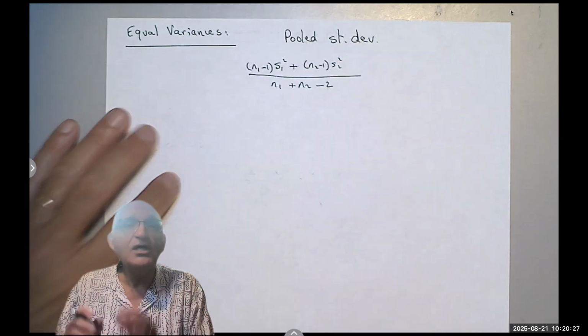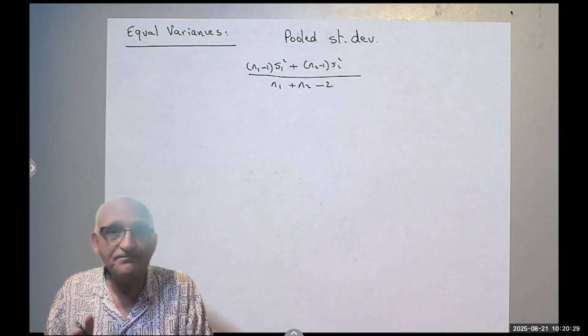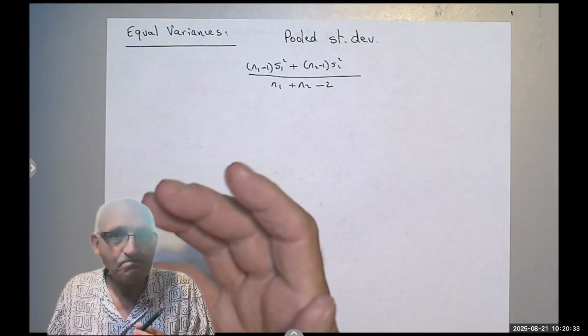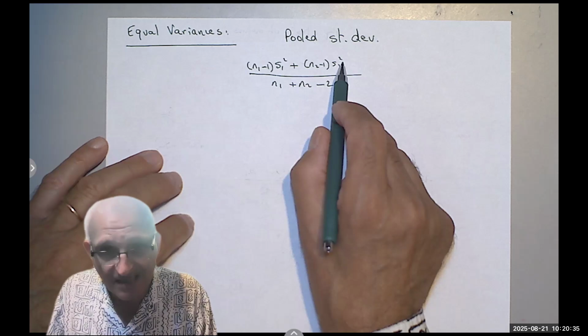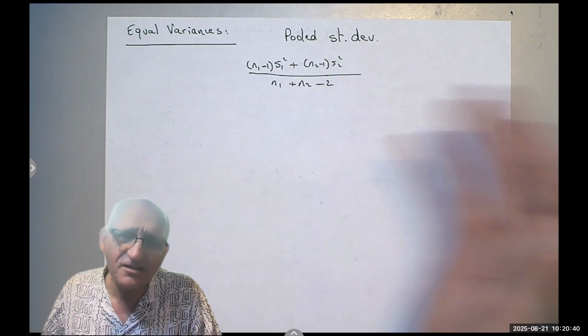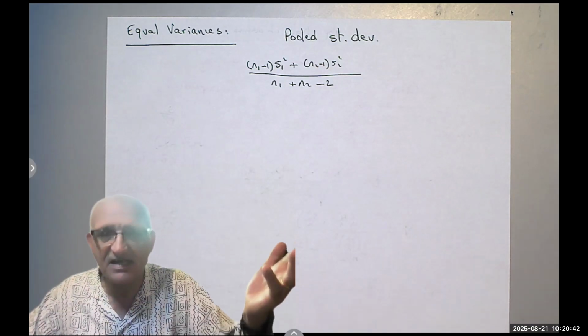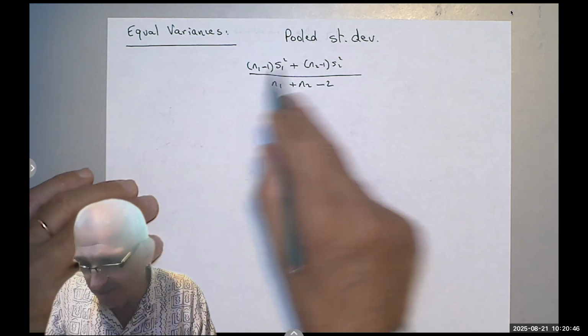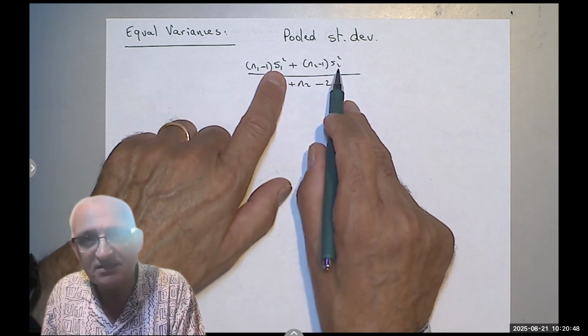That's how we do the weighted average, right? I say they are equal. Sigma 1 square equals sigma 2 square, but S1 square and S2 square definitely will not be equal because these are samples. They are randomly selected. So I say, okay, but in reality, they should be the same.